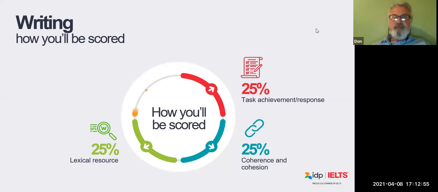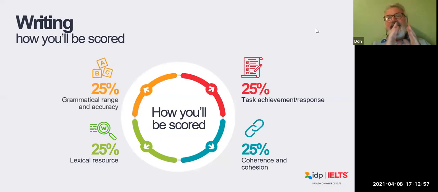Okay. And finally, the last criterion that the examiner looks at, and they will give you a score for each of these 4 criteria, and each of these 4 criteria are 1/4 of your mark. The last criterion is grammar.